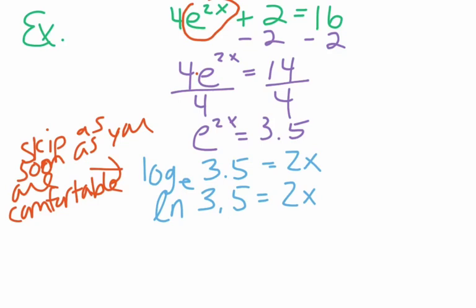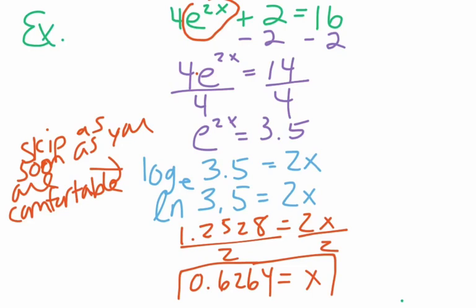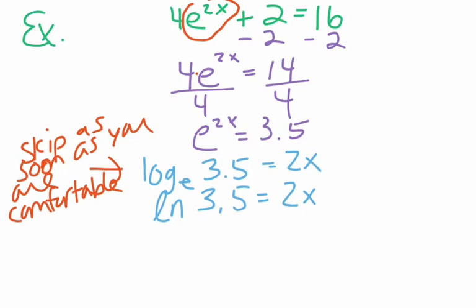So when you do the natural log of 3.5, the actual number my calculator gave me was 1.125276298. Well, clearly I didn't want to write all of that out. And so the moment I did that here, I rounded, and so I have what's called an approximate answer. Sometimes you are asked for an exact answer.